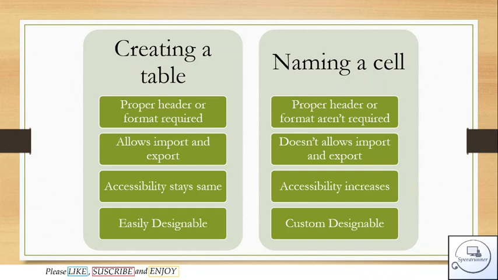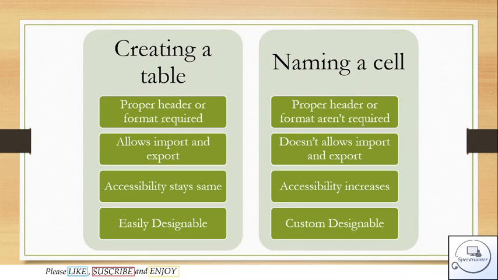It means we can access the table however we want, whereas when we name the cell, for example, I name the cell D3 as profit, then I can use that profit anywhere in any cell in any sheet.